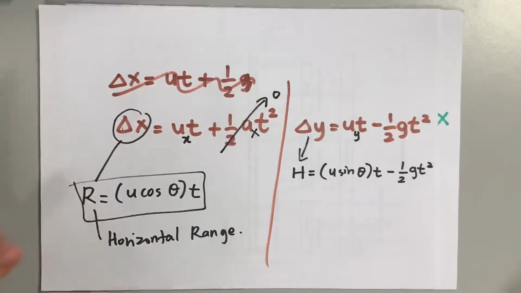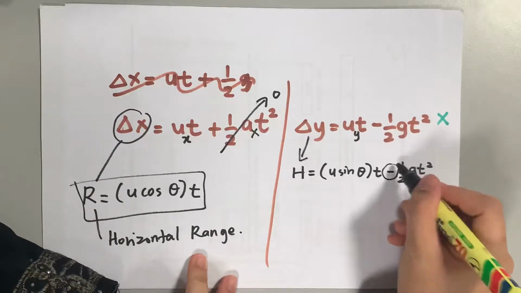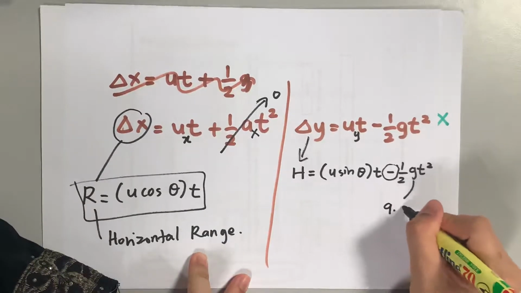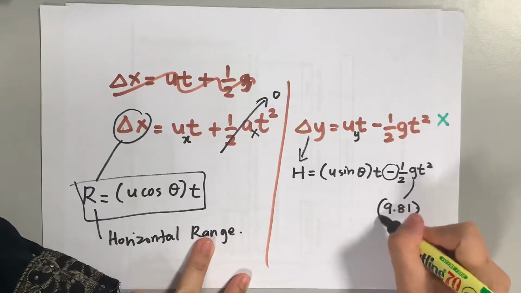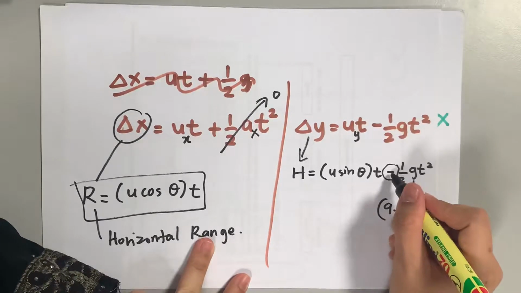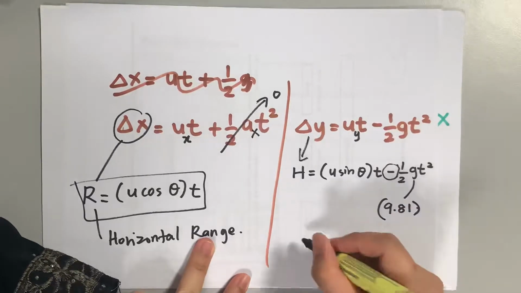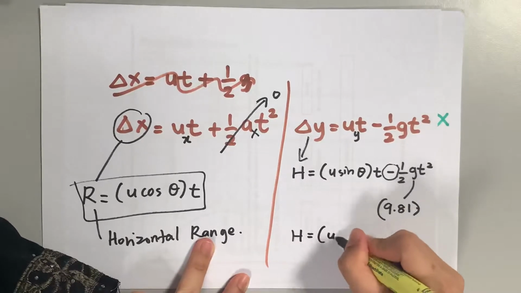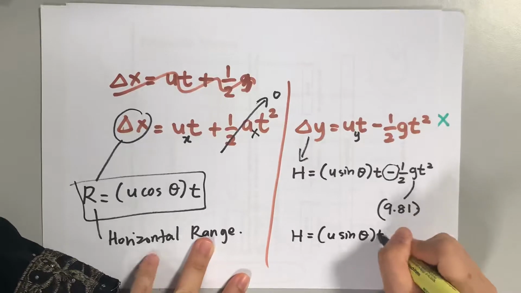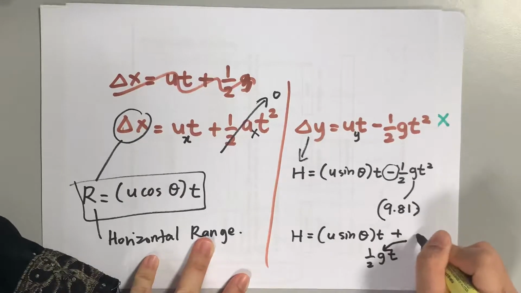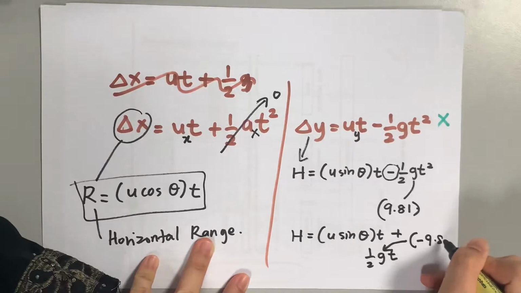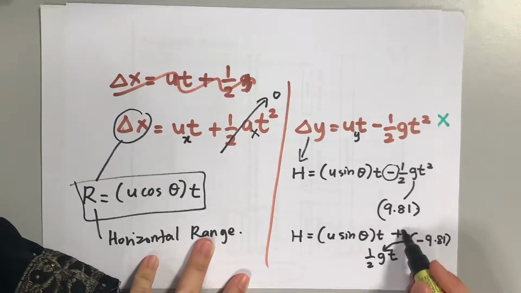So for g, because I already changed the sign here, just substitute 9.81 meter per second squared. No need to put negative here because I already changed it. But if you want to use u sine theta t plus half gt squared, then you put negative 9.81, because here you put positive.